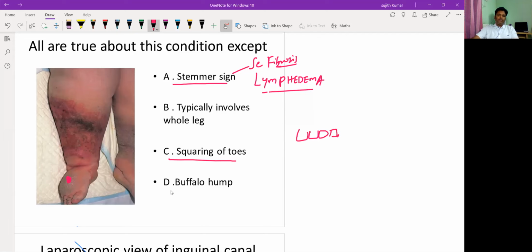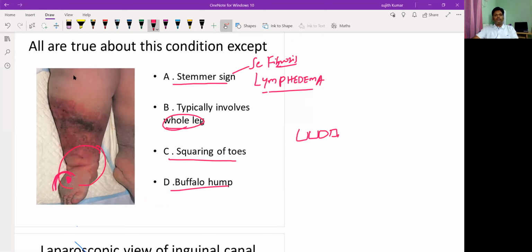And the last one is the buffalo hump. You can see in this picture, this is a buffalo hump, because lymphedema characteristically involves the dorsum of the foot. Because of the edema, it produces a buffalo hump. The answer for this question is that it typically involves the whole leg. It won't involve the whole leg; it typically involves the foot.